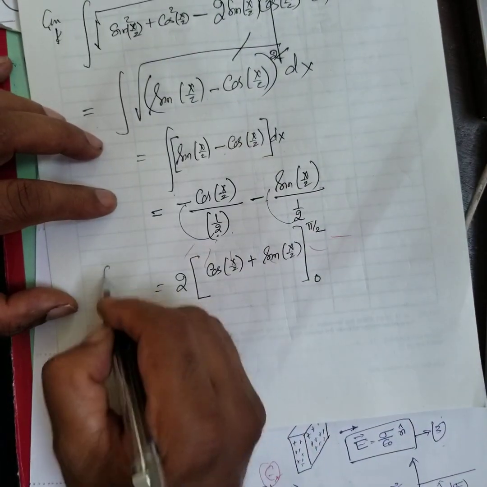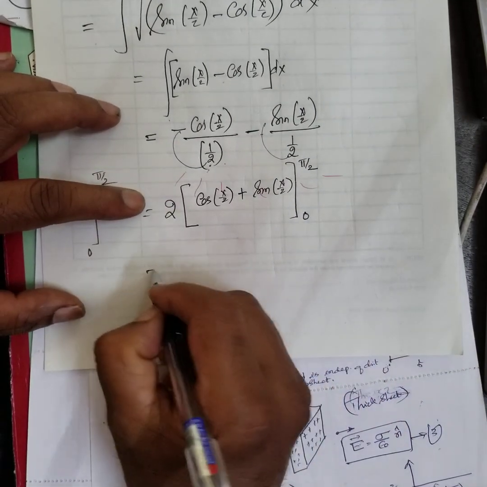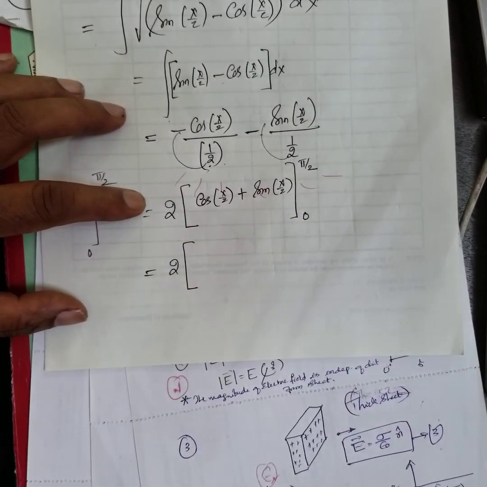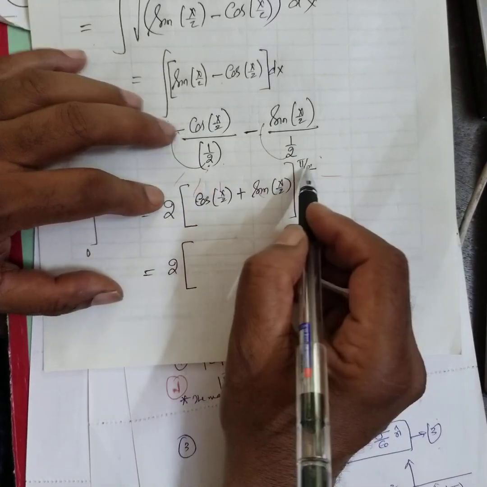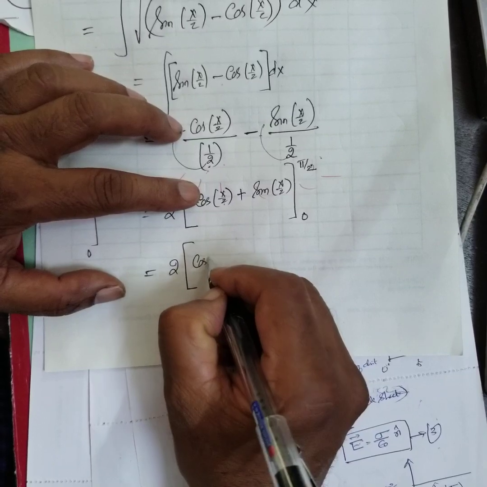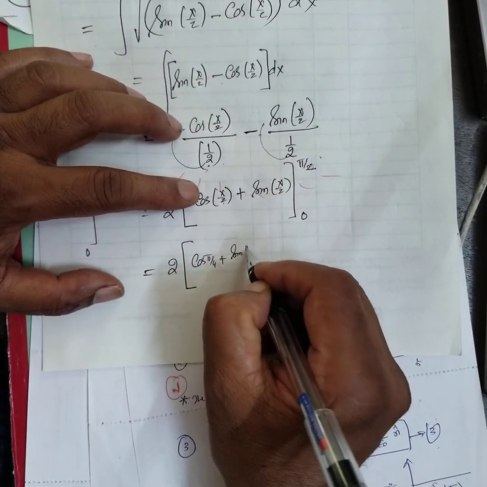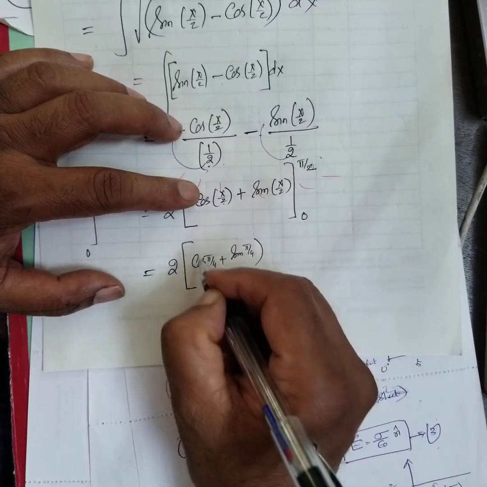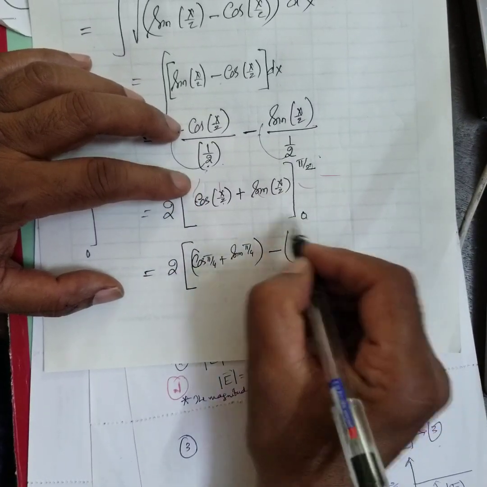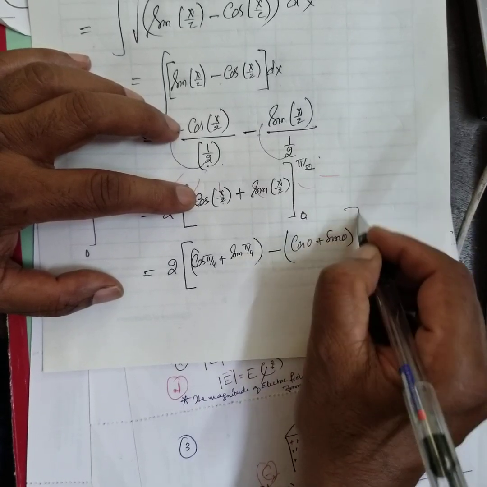See here, integrating from 0 to pi by 2, substitute in the 2: 90 by 2 is 45, cos 45 plus sin 45, minus (cos 0 plus sin 0). You understood how?